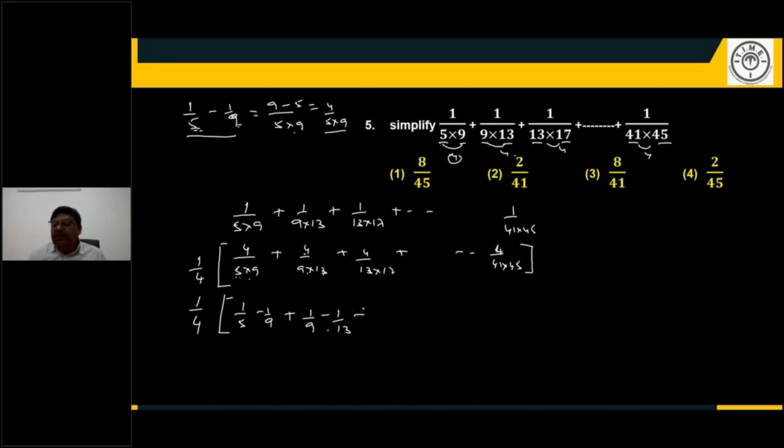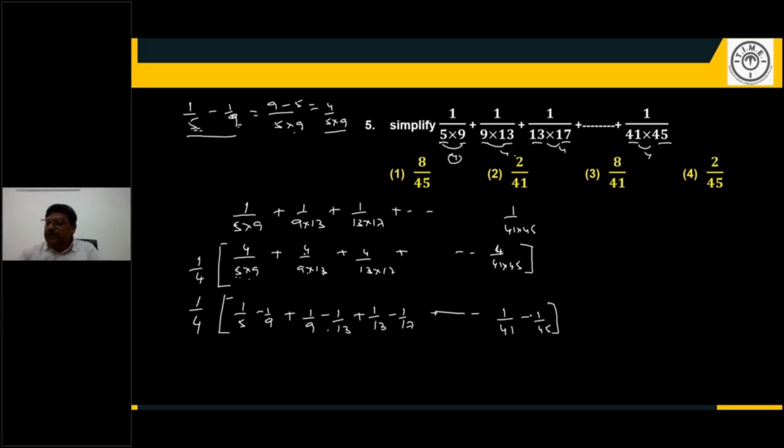This 4 by 13 into 17, we can write as 1 by 13 minus 1 by 17. And so on, up to 1 by 41 minus 1 by 45. Right?